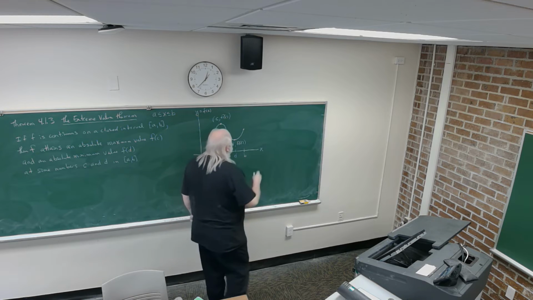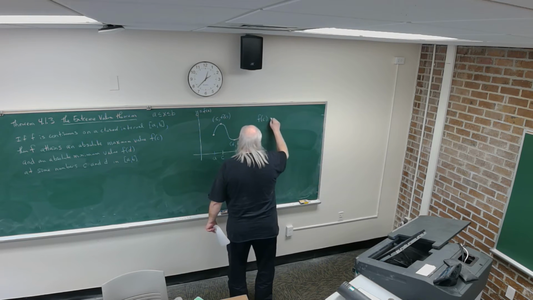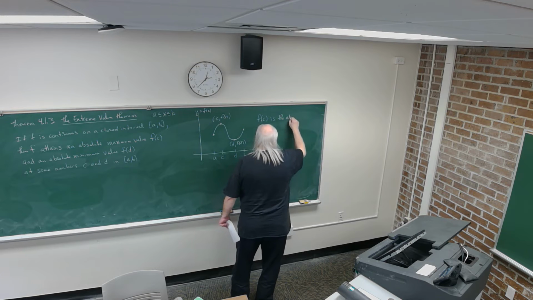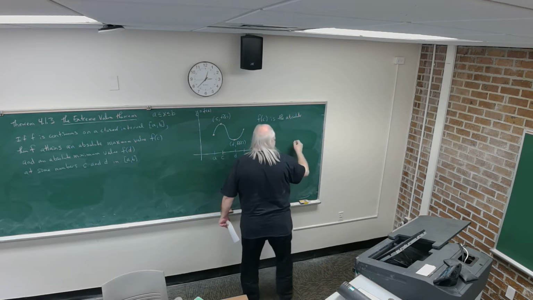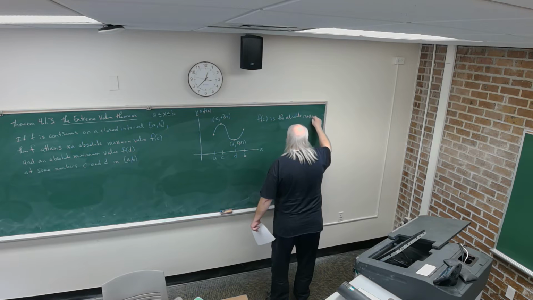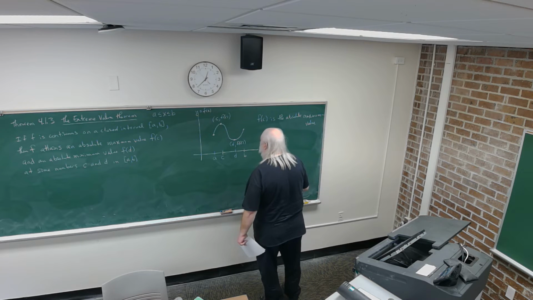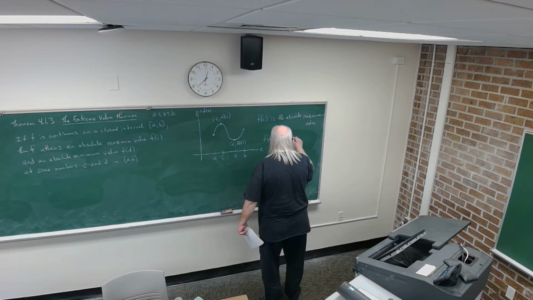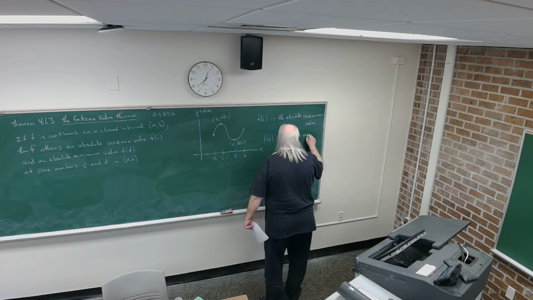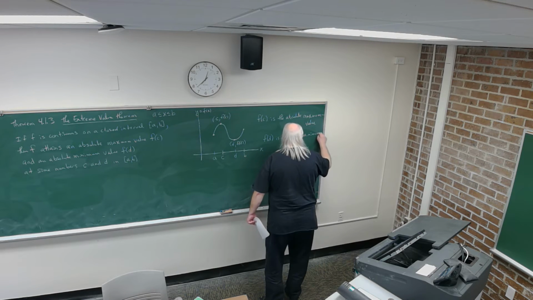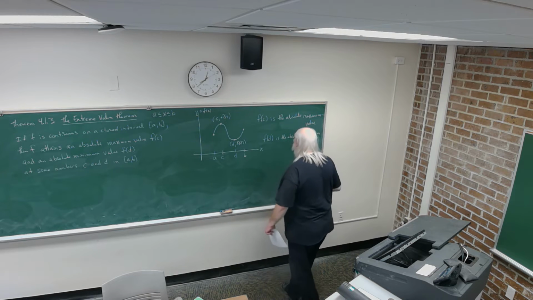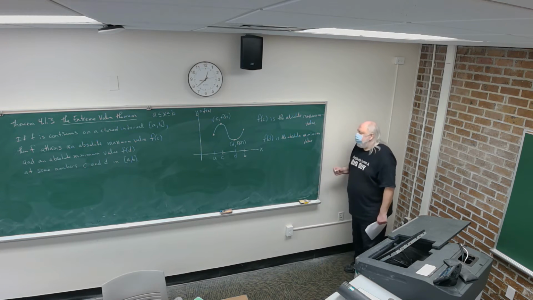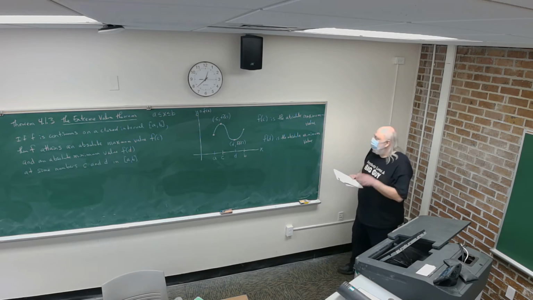So f of c is the absolute maximum value of the function, and f of d is the absolute minimum value of the function for this example.